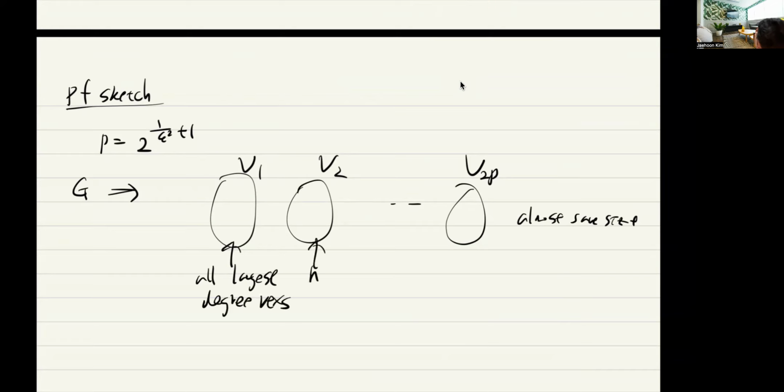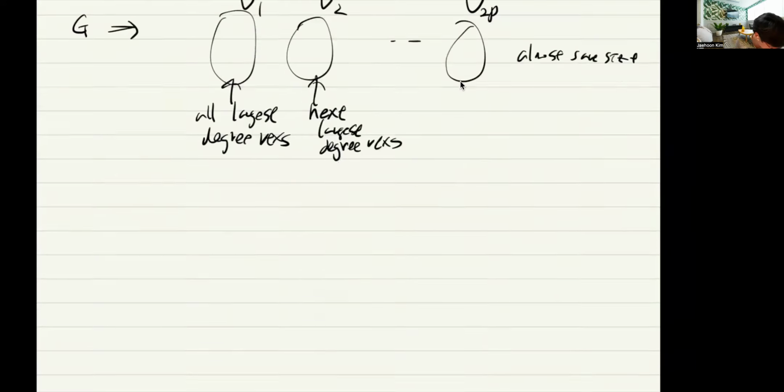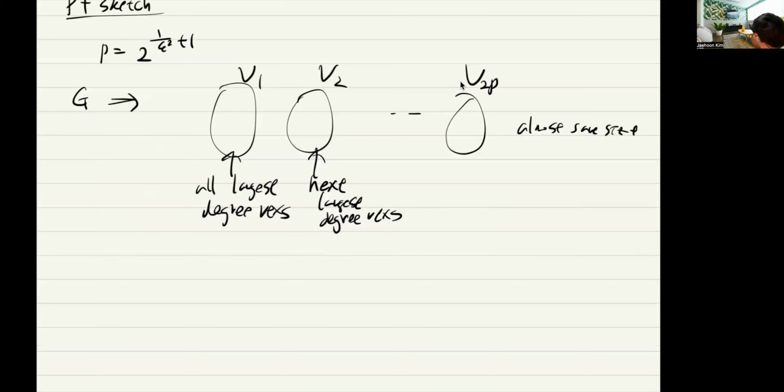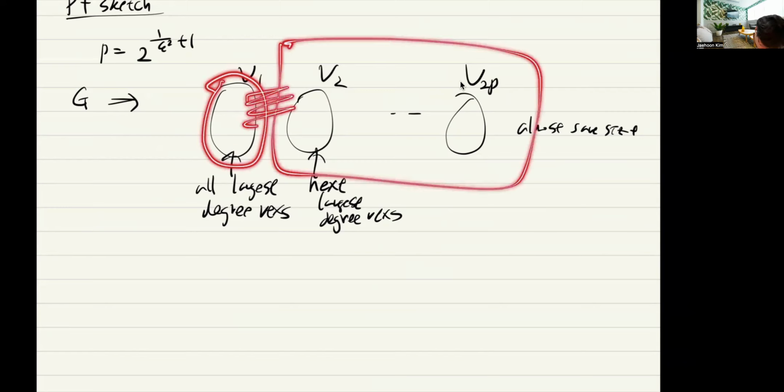And then the next largest degree vertices are here. So this is partitioned according to degree. And then the smallest degrees are here. And what you check is, between here, you count the number of edges between them.